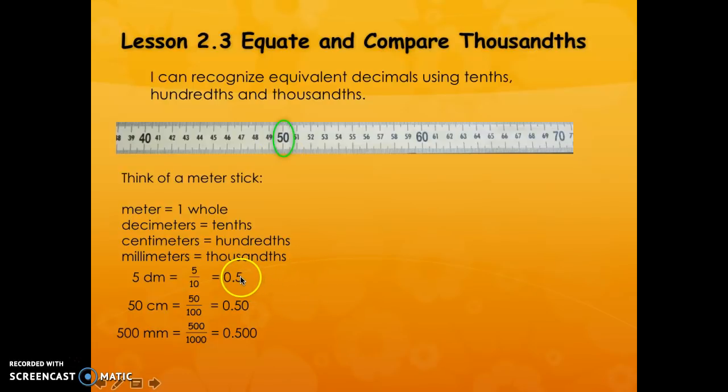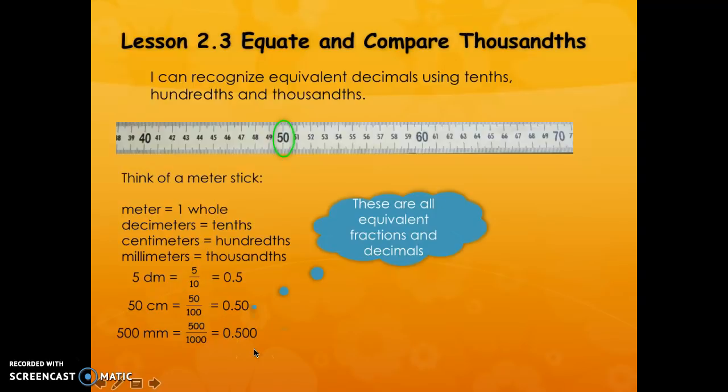So notice that in these standard decimals, we have a 5 in the tenths place. What I'm trying to show you is that these all mean the same thing. It is still the same spot on the meter stick. These three numbers are equal to each other. Because remember, it doesn't matter how many zeros you add on the decimal side, it does not change the value. So these are all equivalent fractions and decimals.